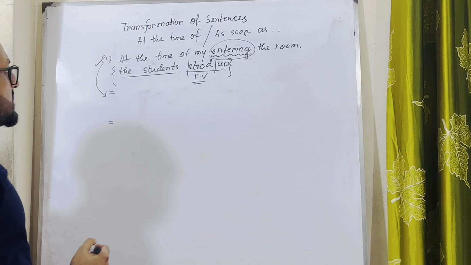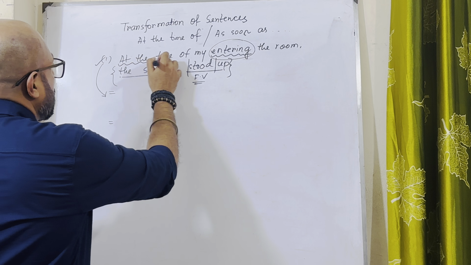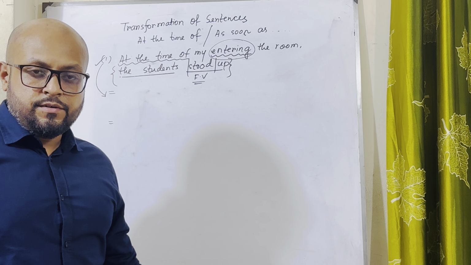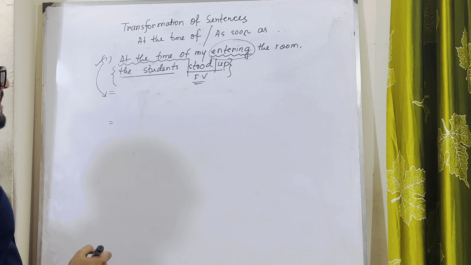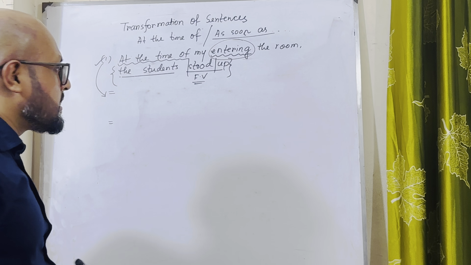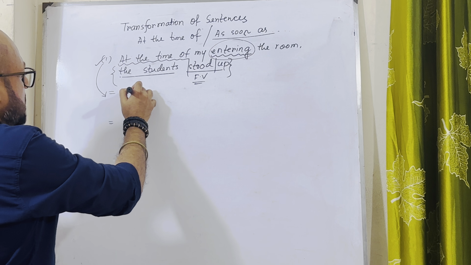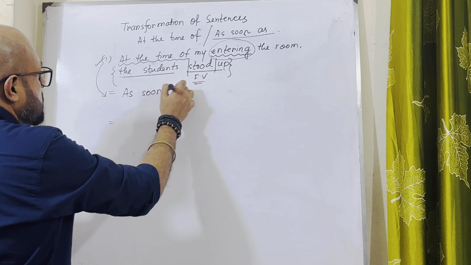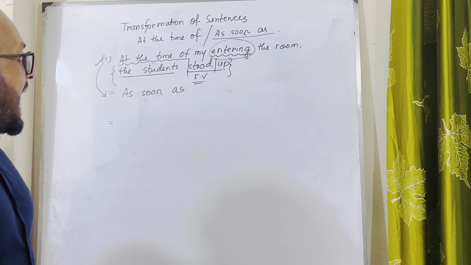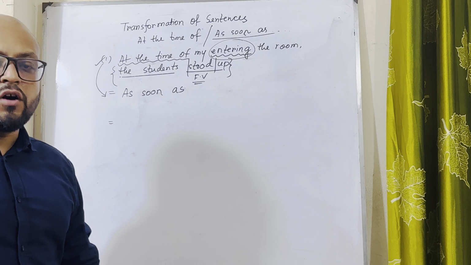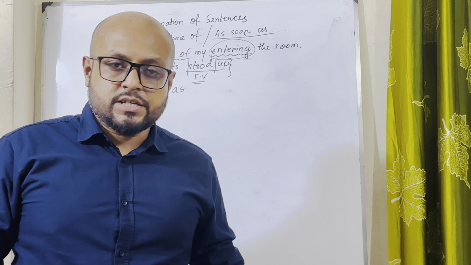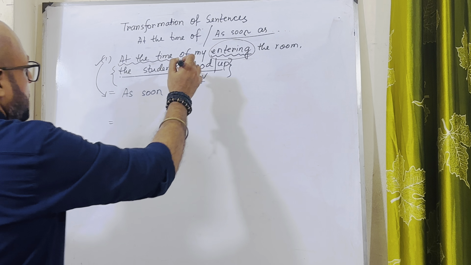If you get a sentence with the term "at the time of", then you will change the simple into complex by using "as soon as", and all the time you will start with "as soon as". It will come at the beginning, and then you need the finite verb, and for a finite verb you also need a subject. So look at the pattern.